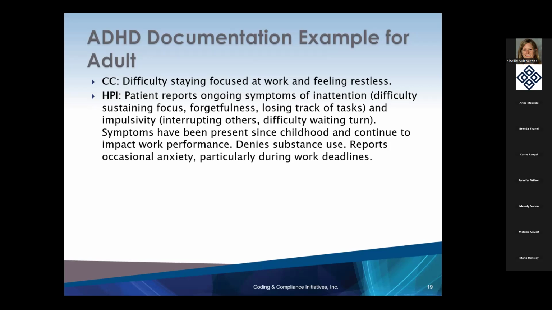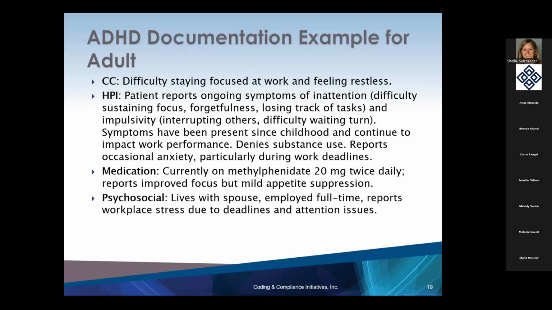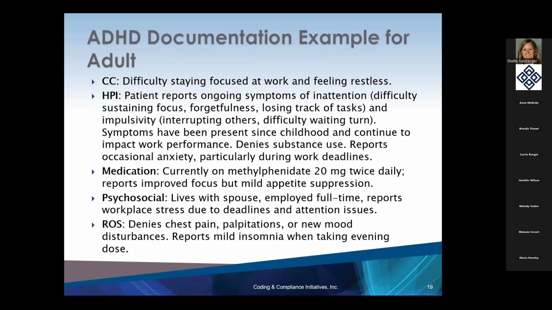They've had this since childhood. They continue to impact their performance at work. No substance abuse, occasional anxiety, medications that they're on, psychosocial, they live with their spouse, they're employed, review of systems when pertinent. So this one, no chest pain, palpitations, mood disturbances, but mild insomnia when taking their evening dose of medication.